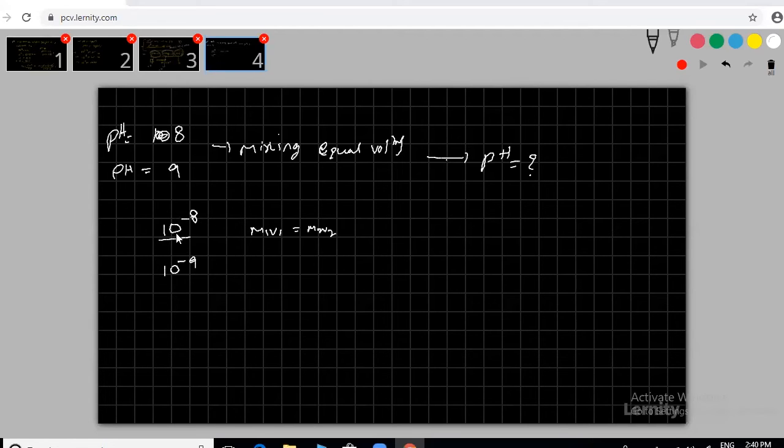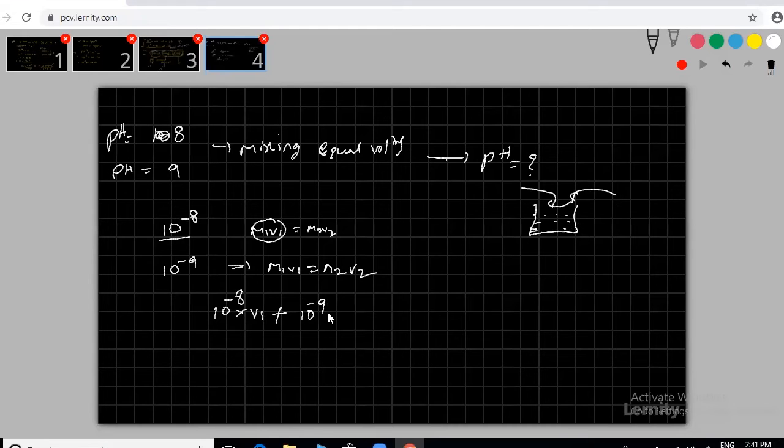Since we are mixing both, this is going to be dilution. Here also the same thing: dilution, M1V1 equals M2V2. Because we are mixing two equal volumes, some solvent is being added, so the resulting volume increases. In the first case, 10 power minus 8 with volume V1, plus we are adding 10 power minus 9 with equal volume V1.